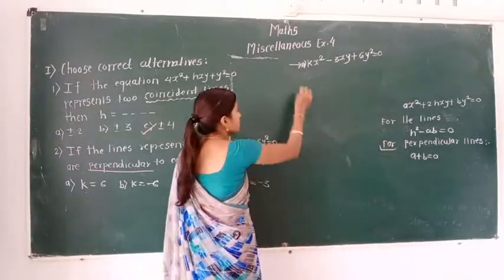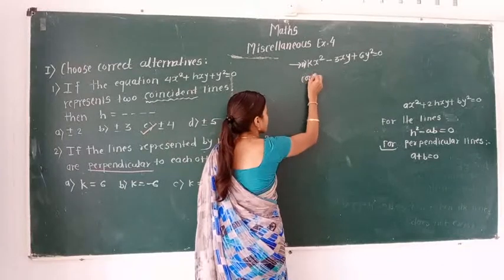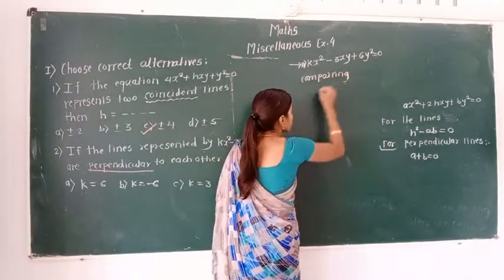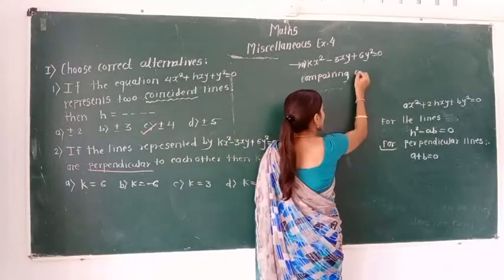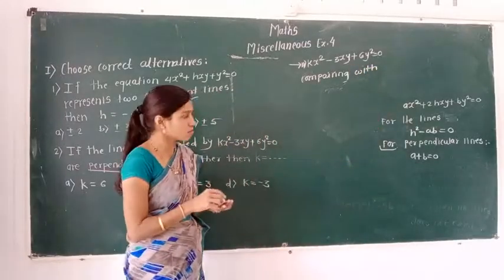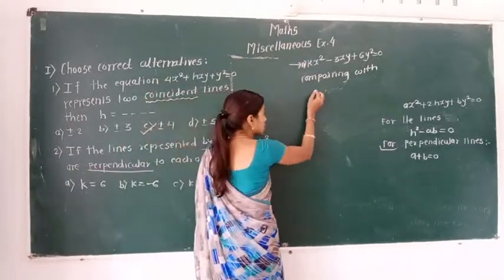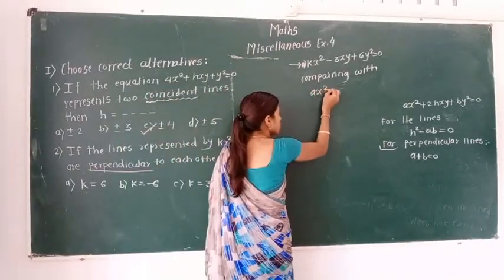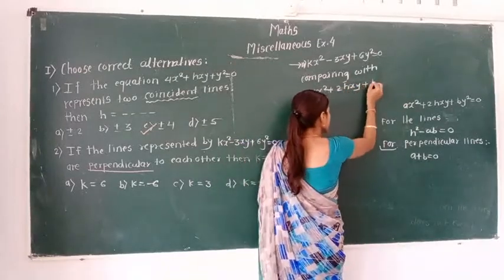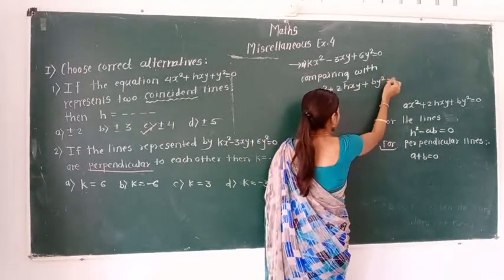So compare this equation with the standard homogeneous equation, and we know that the standard homogeneous second degree equation is ax square plus 2hxy plus by square is equal to 0.